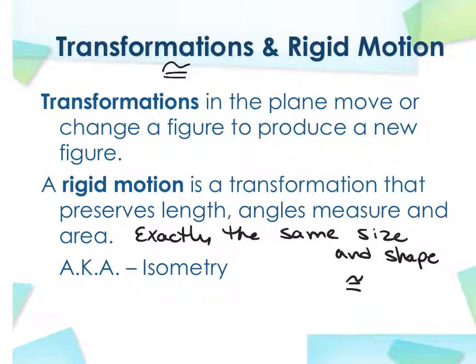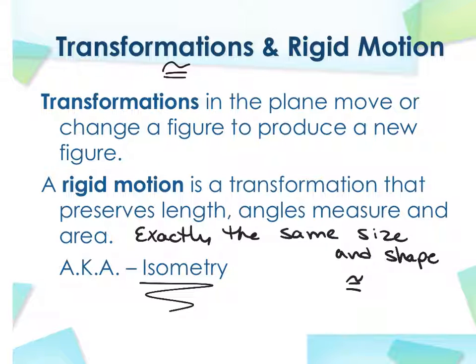Another term for these transformations is called isometry. Okay? In our book, we're calling them transformations in rigid motion, but in other books, it might be isometry.